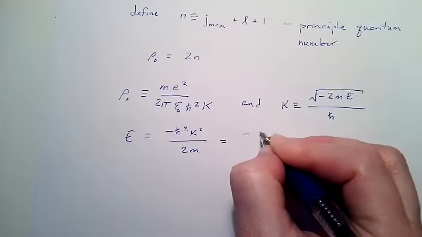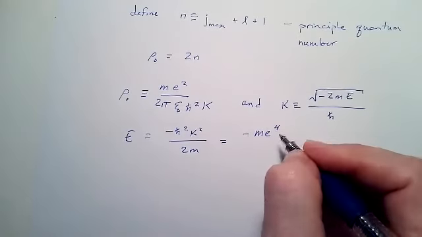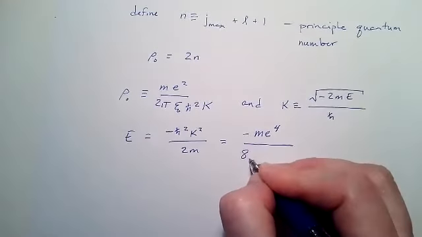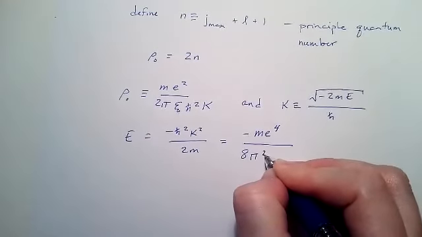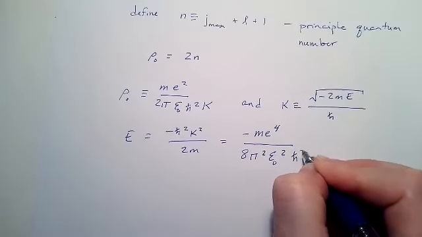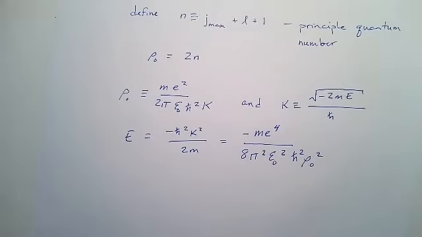If we put in what those things are, negative m times e to the 4th, so that's our elementary charge to the 4th power, we've got 8 pi squared, epsilon naught squared, h bar squared, times rho naught squared.